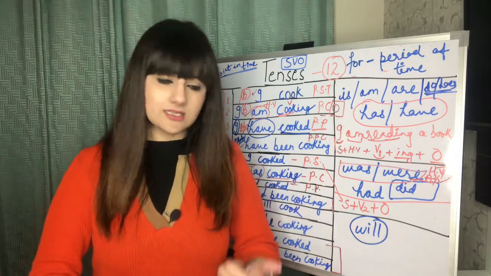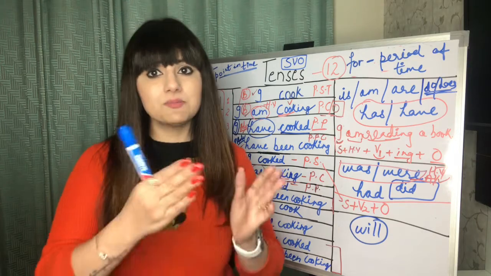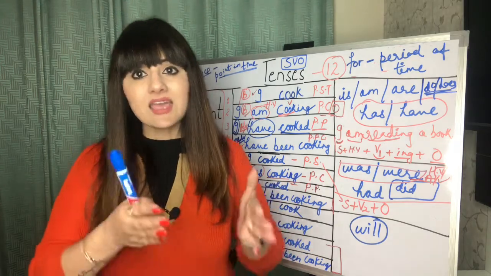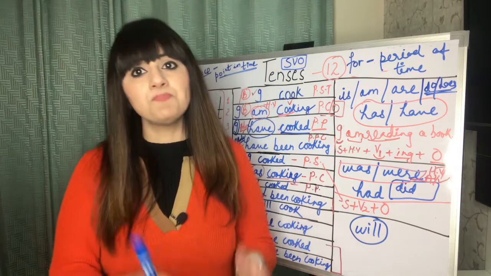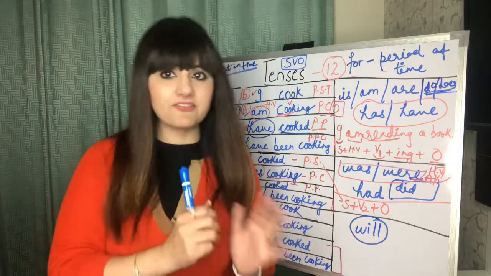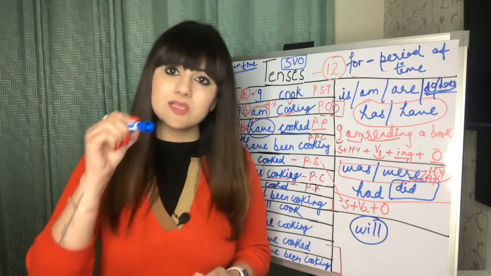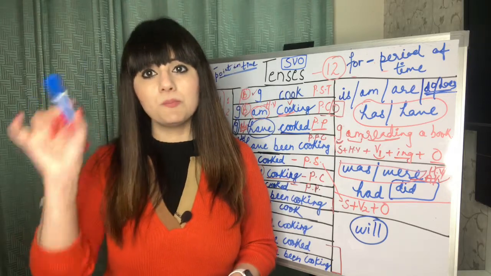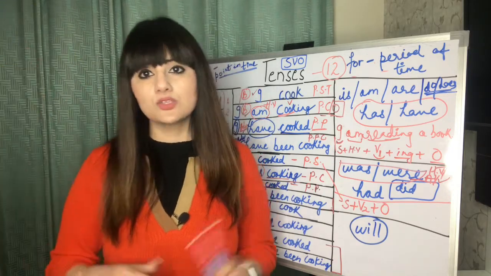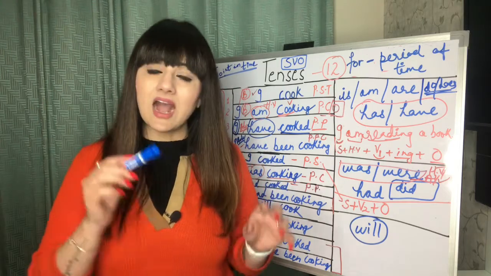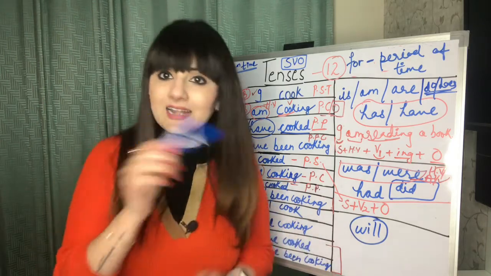For instance, for the present perfect tense, you could say: I have already had breakfast. Now if I'm talking about the same situation in the past perfect tense, I'll say: I had already had breakfast.